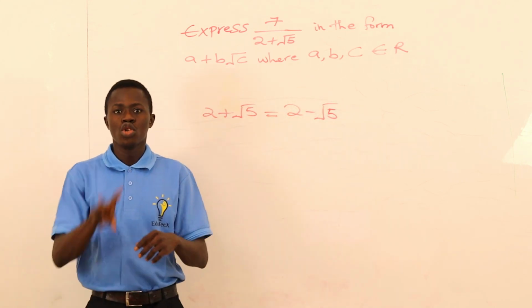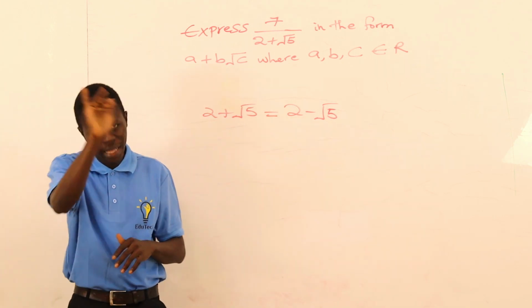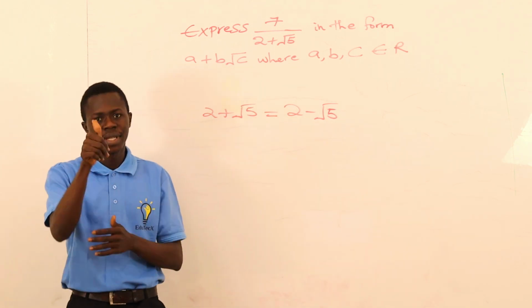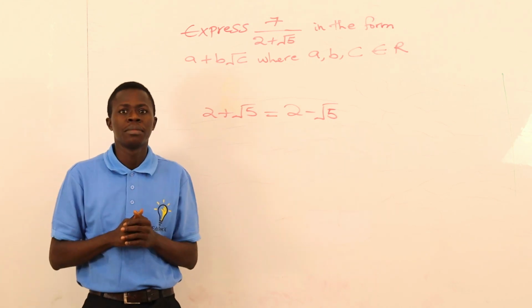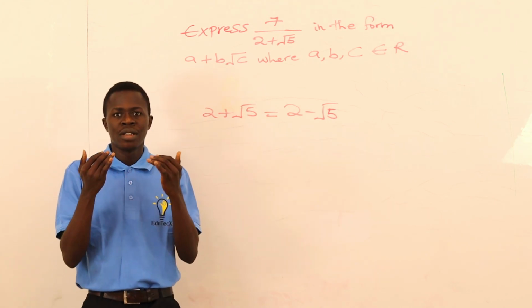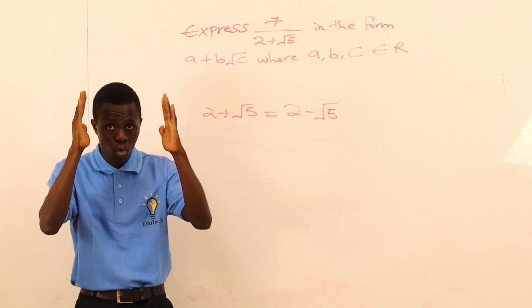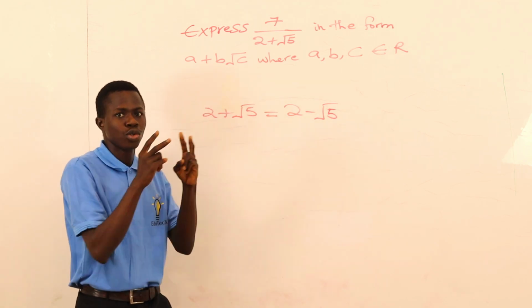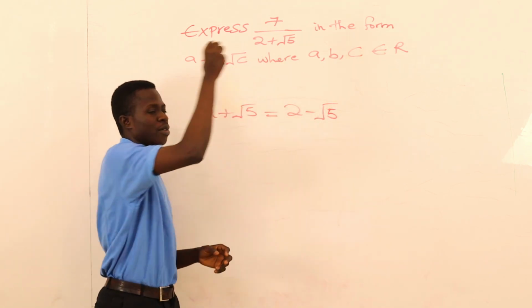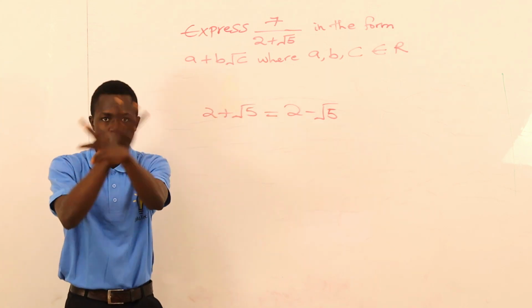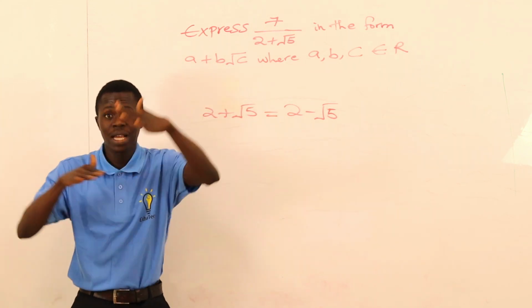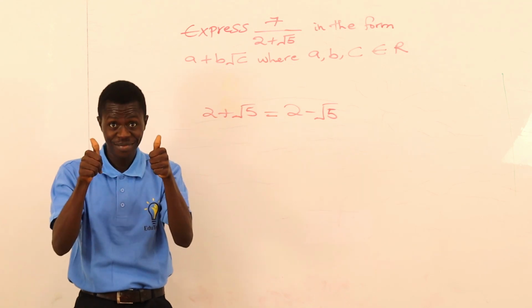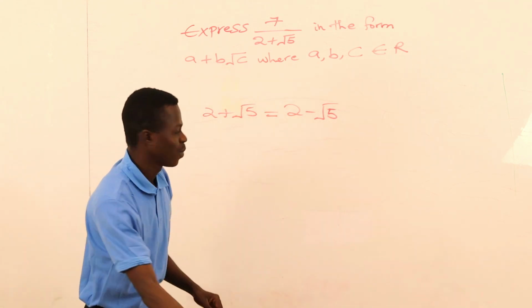So our conjugate set is 2 minus square root of 5. Now focus on what we are having: 2 minus square root of 5. What do we do? We multiply the numerator and the denominator by that, right?